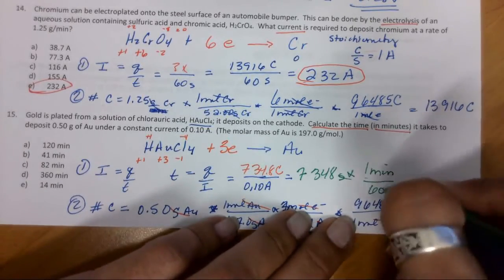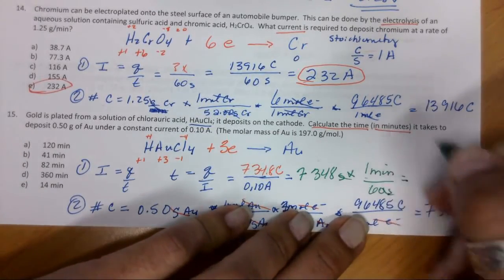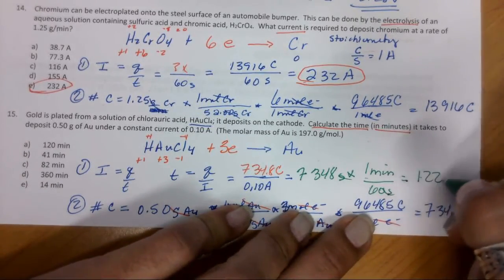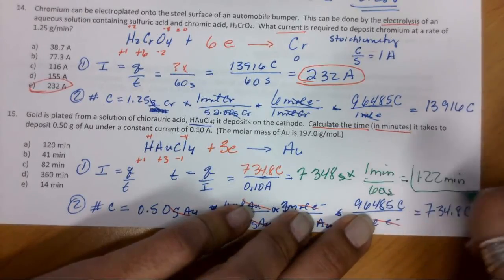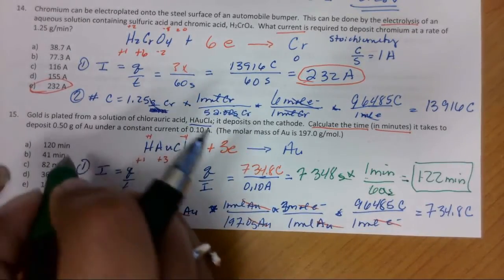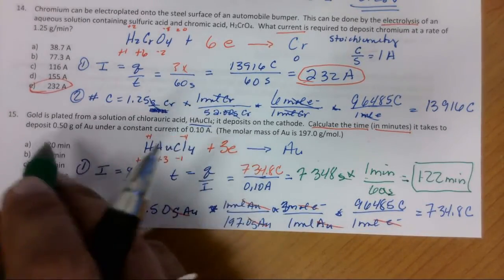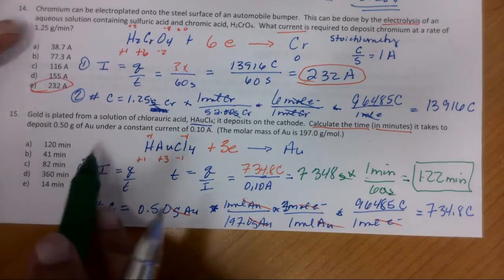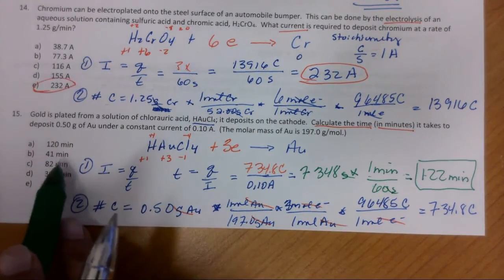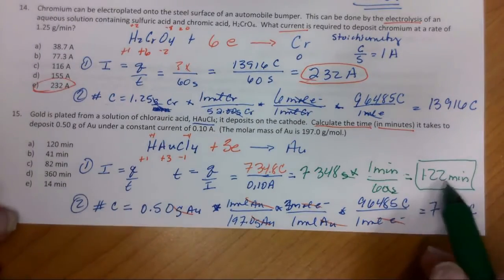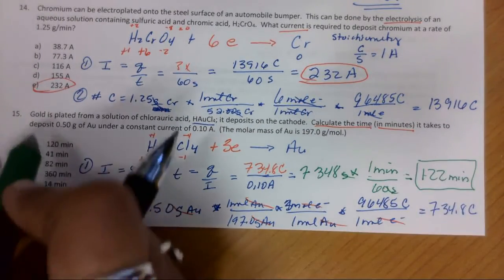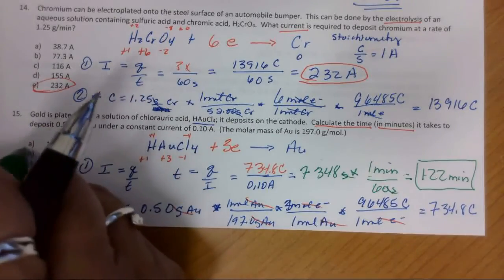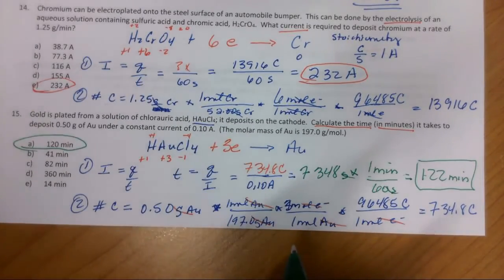And so these units are going to cancel, and when I plug all this in, I'm going to get 122 minutes. And so when I look here, I don't have 122 minutes, but I have 120. And so that's just significant figures. We can round this down. So I've got 120 minutes.